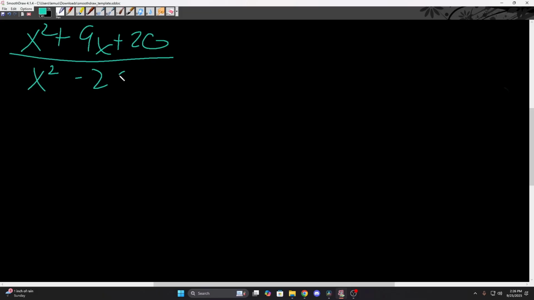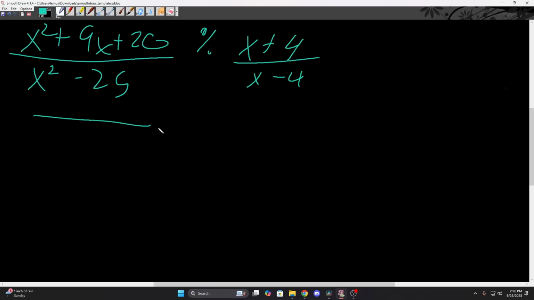Next question is x squared. Okay, so it's division. So x squared plus 9x plus 20 over x squared minus 25 divided by x plus 4 over x minus 4. Usually when I write it down, I already have it factored just so I can save time, since I can do all of this in my head. But just for today, I'll show y'all. Here, x minus 4, just like I said before.